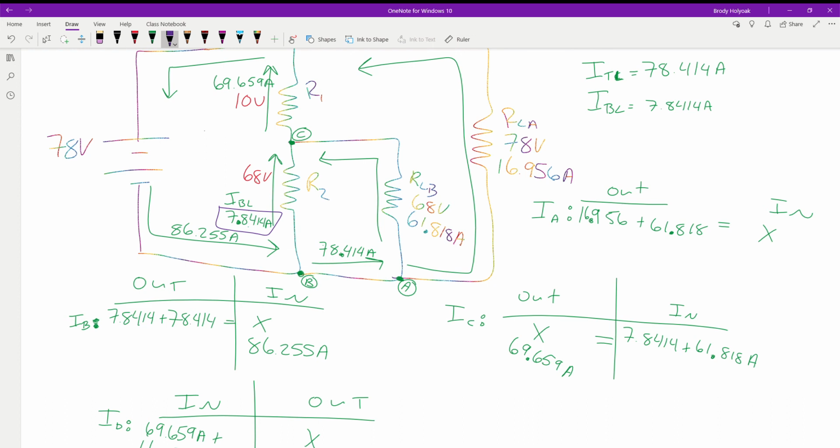How much did you have? Okay. And then Reed, R2. That's what I got.